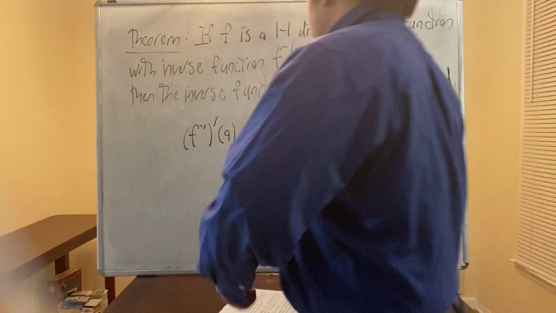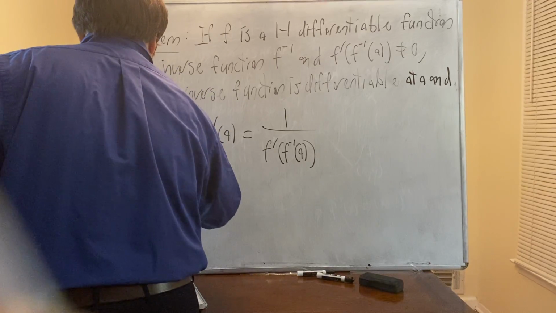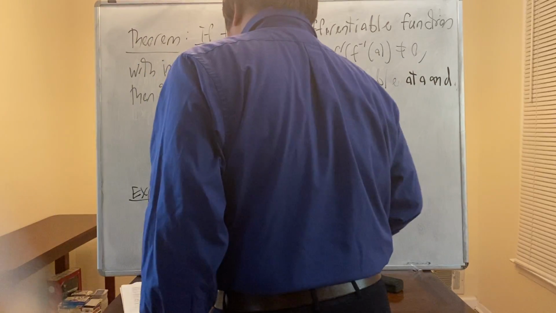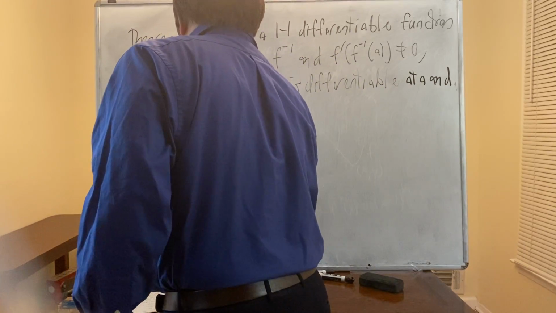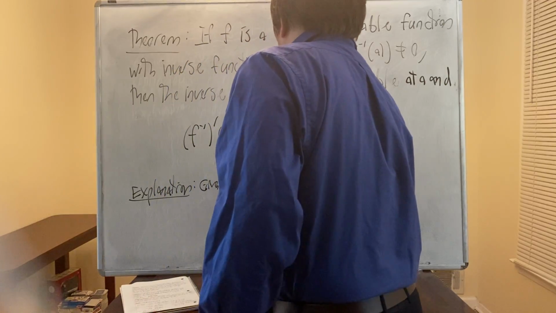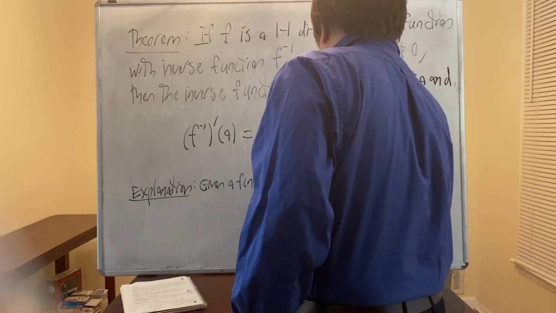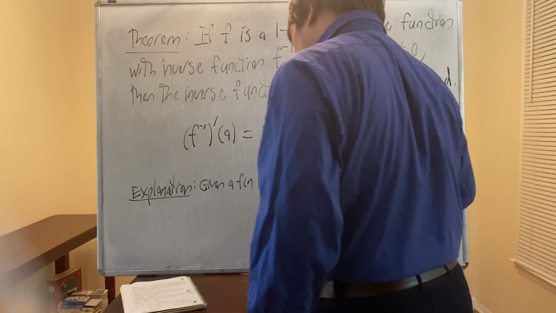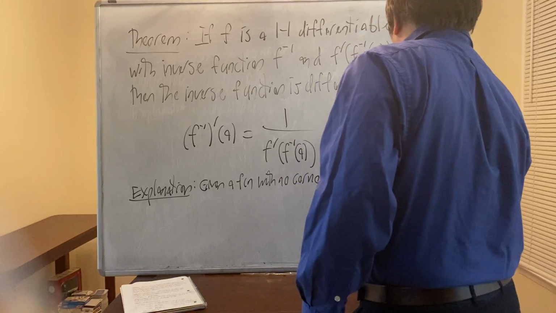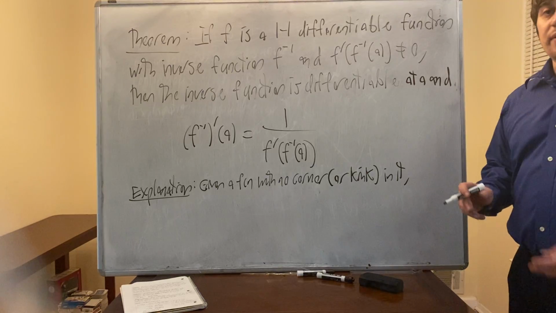Okay, so to explain this one. Given a function with no corner or kink in it: when a function has a corner on it, it's not differentiable.